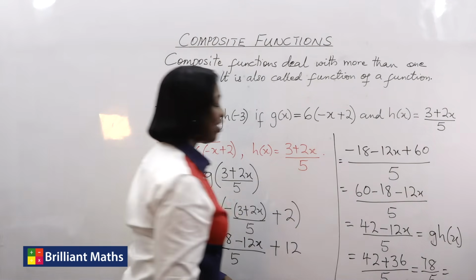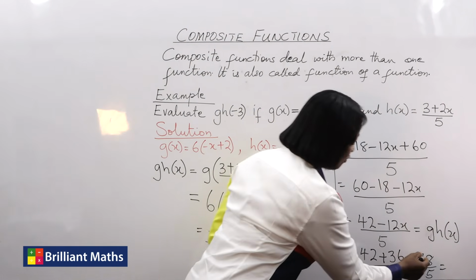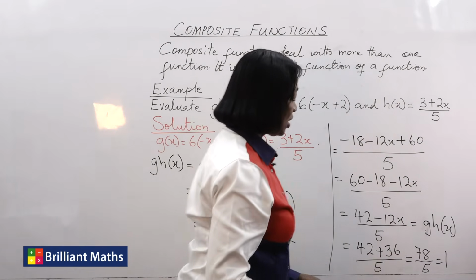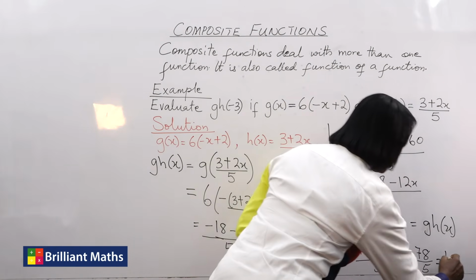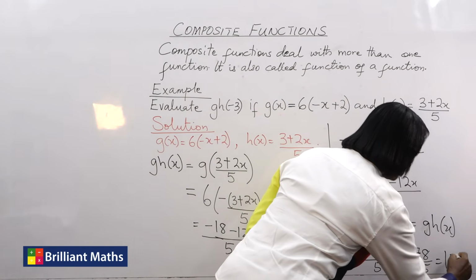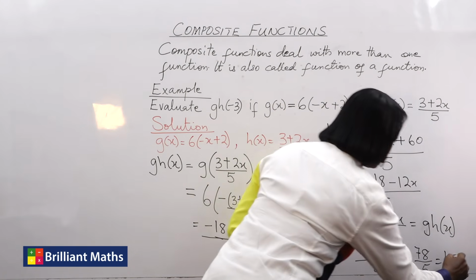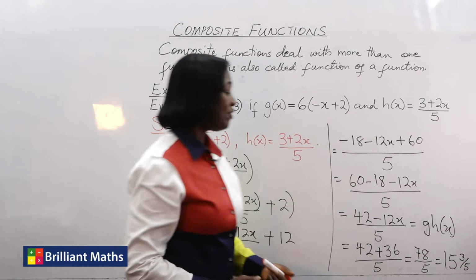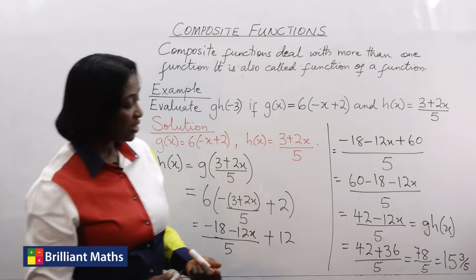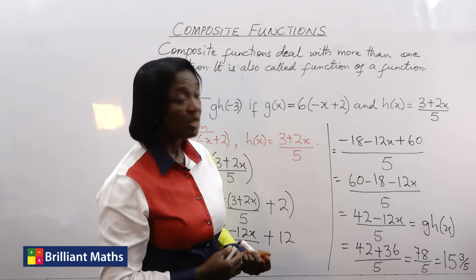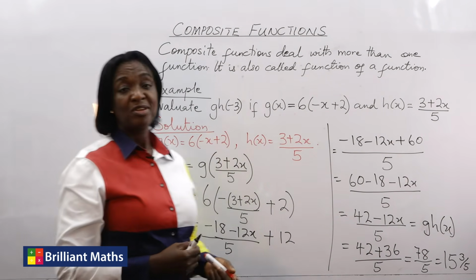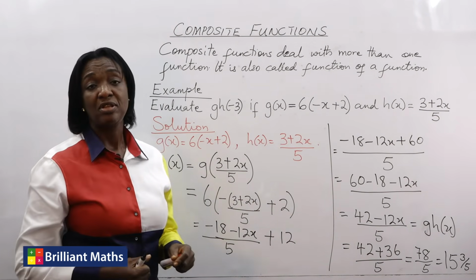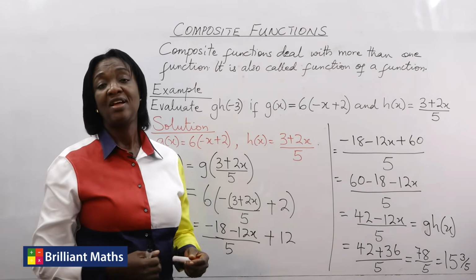And 78 over 5 is equal to what? 5 into 7 will be 1, remainder 2. Into 28 will be 5. 25, remainder 3. 3/5, which is the same as 15 3/5 or 15.6. So that is the value of gh of minus 3. And that's the final answer.